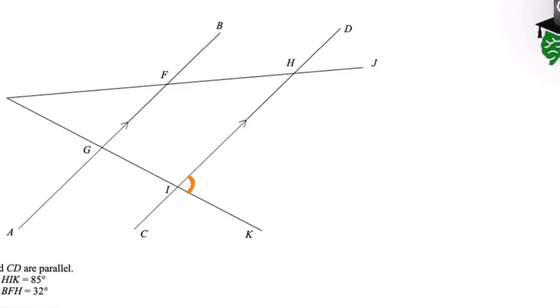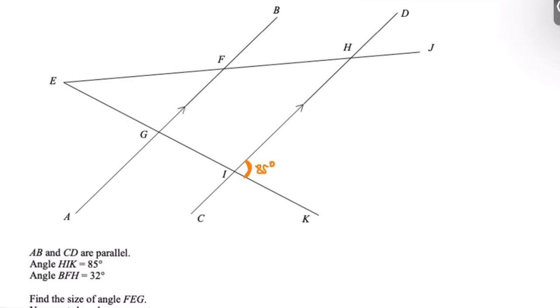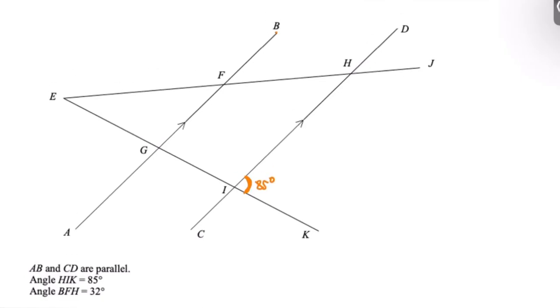Just look at the middle letter, angle I. That angle there is 85 degrees, so let's label that 85 degrees. It then says angle BFH is 32. So B to F to H, this angle over here is 32 degrees.